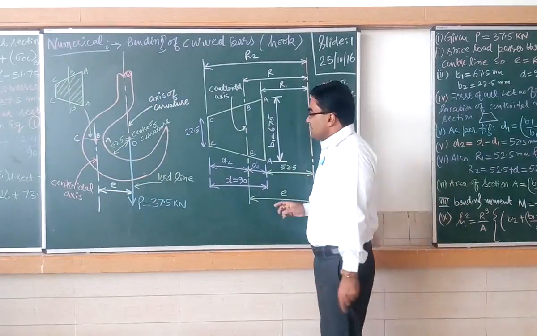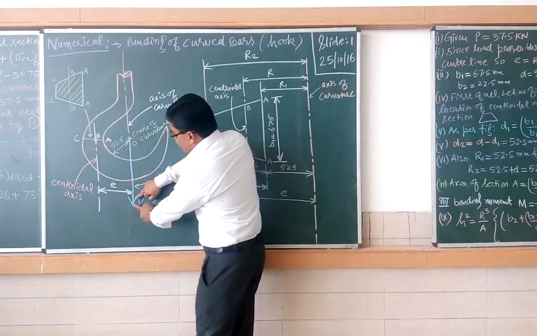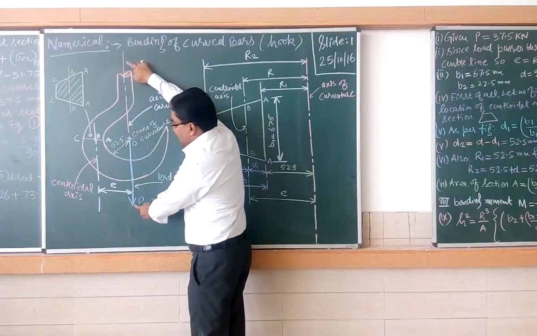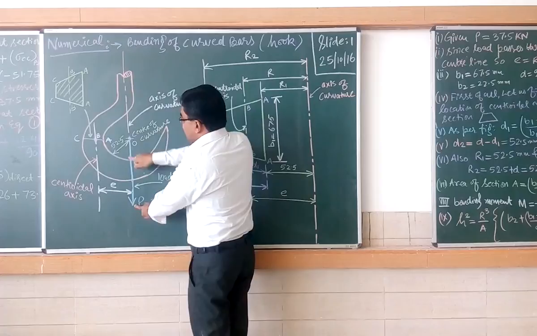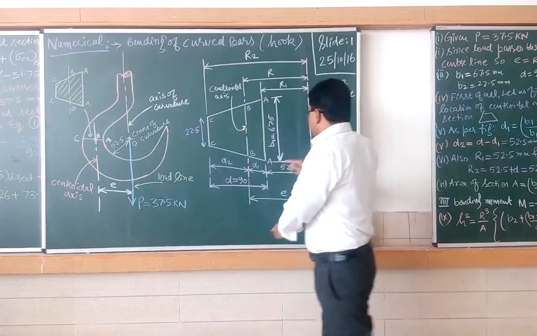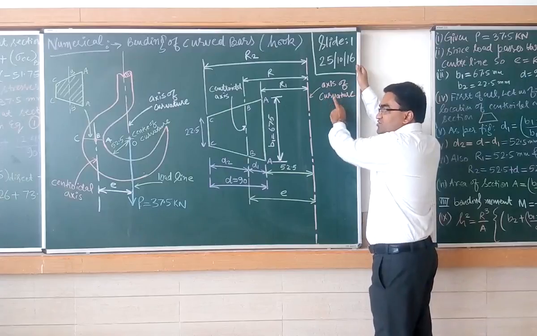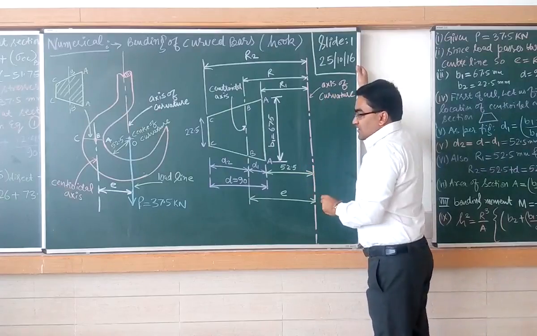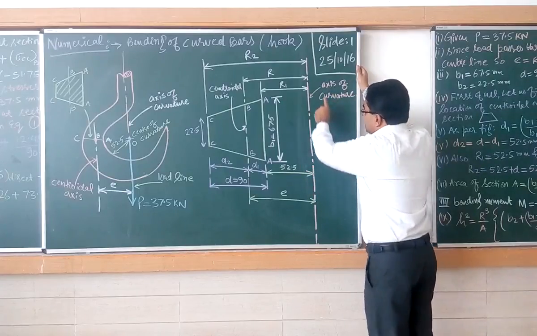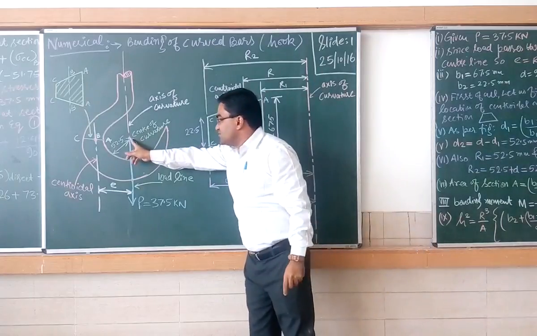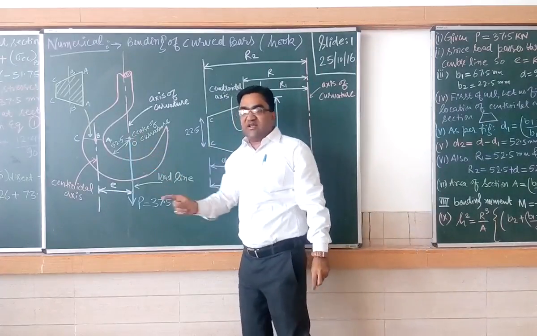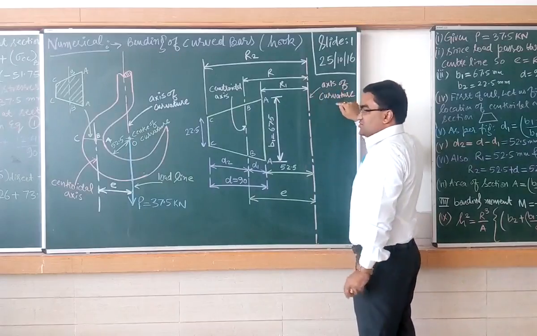From this diagram, the line you are observing, which is passing through the center of the curvature, is also known as the axis of the curvature, because it is passing through the center of the curvature.